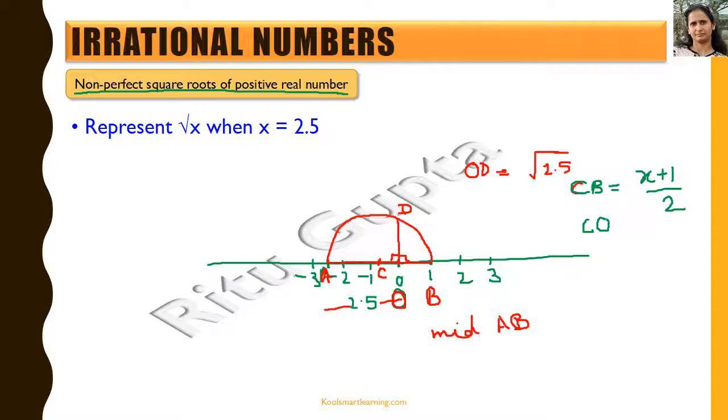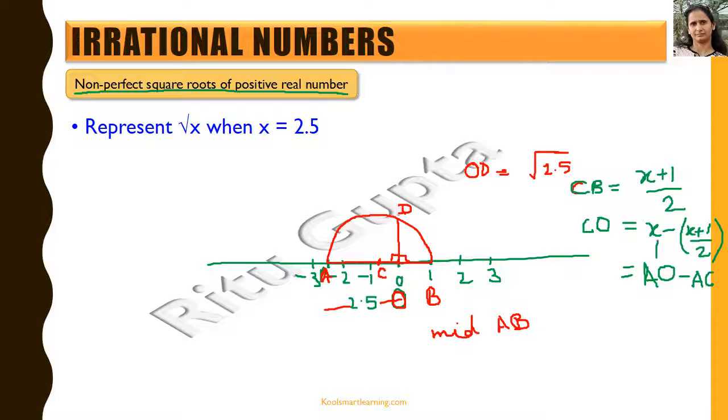Now if we take CO, CO is actually equal to AO minus AC.